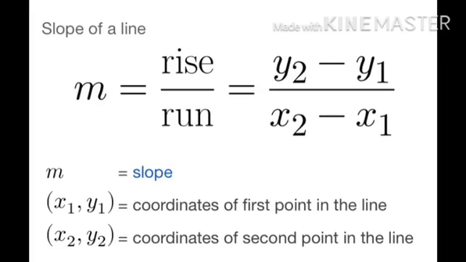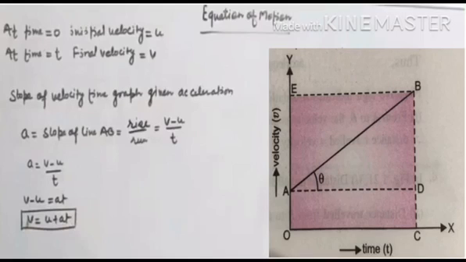In this graph, the rise is AE, which is equal to y2 minus y1, and the run is AD, which is equal to x2 minus x1. m is equal to slope, and x1, y1 are the coordinates of the first point in the line, x2, y2 the coordinates of the second point in the line. Now the acceleration of the body is equal to the slope of the velocity time graph, that is AB.